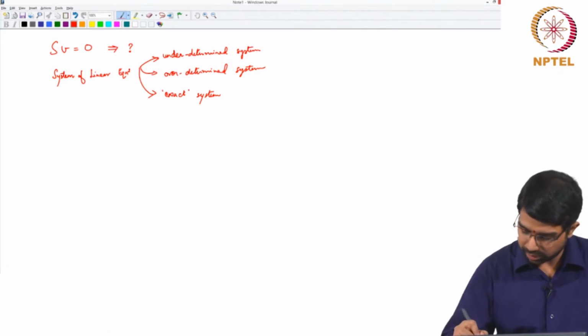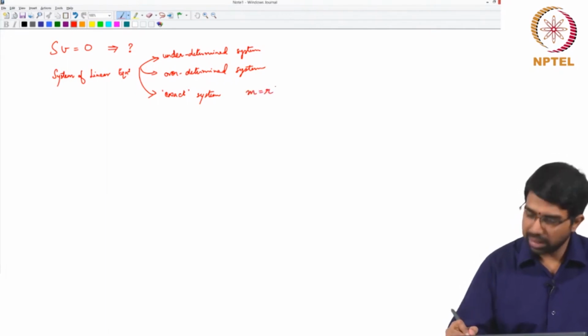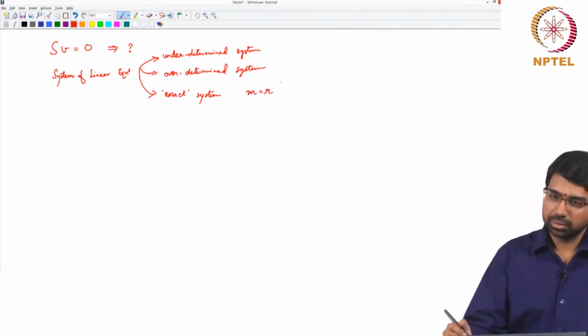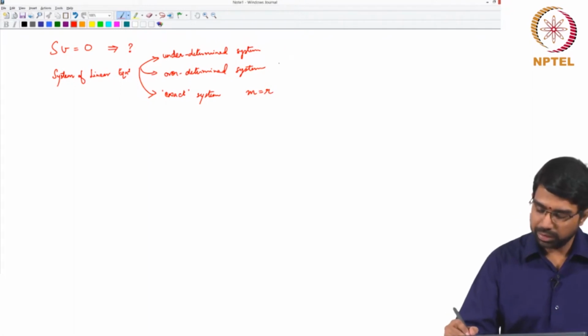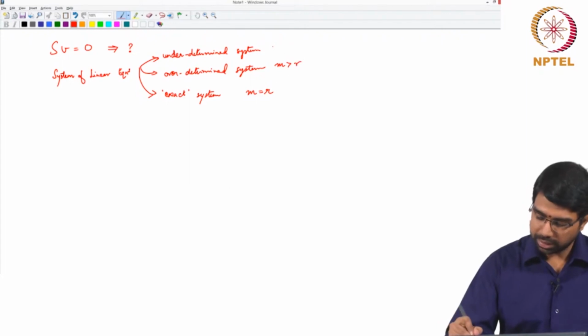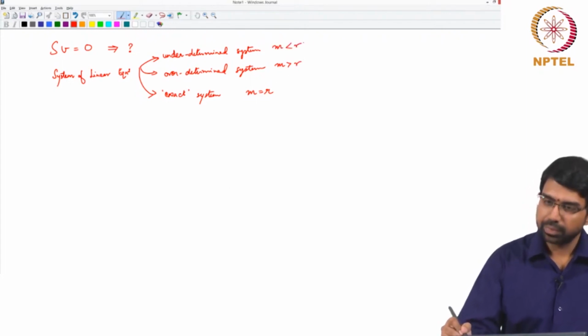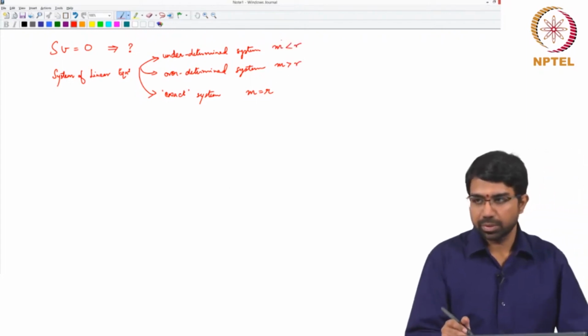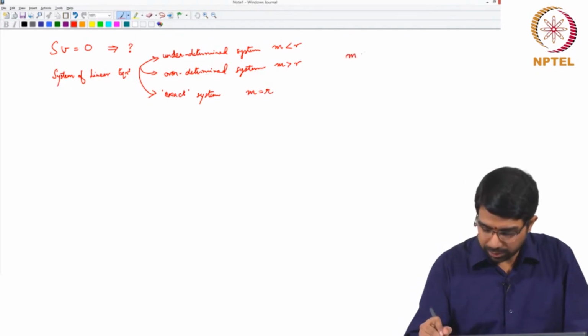So, this is m equal to r. What does overdetermined mean? M greater than r, m less than r. So, once again, what is m?